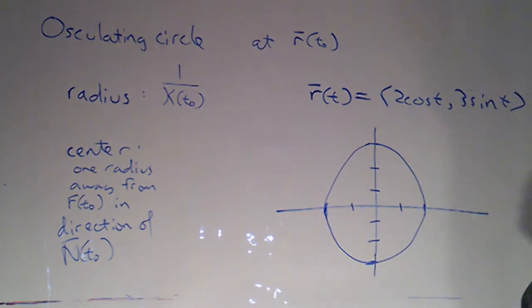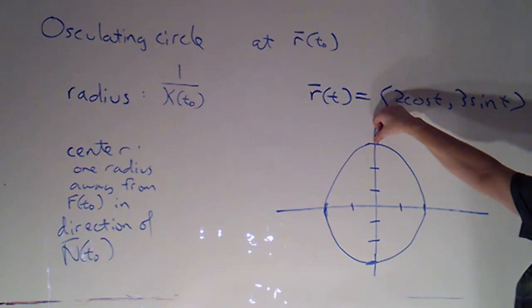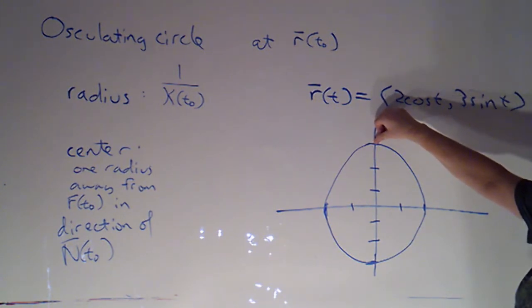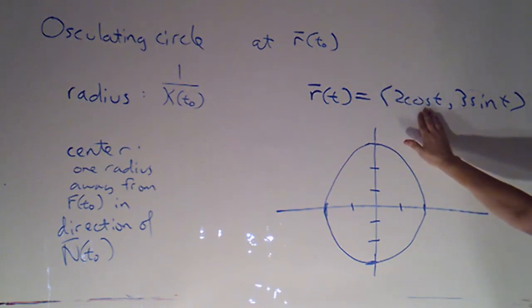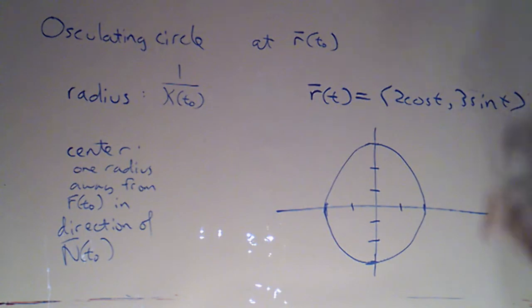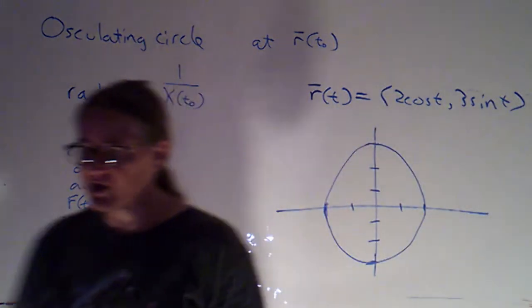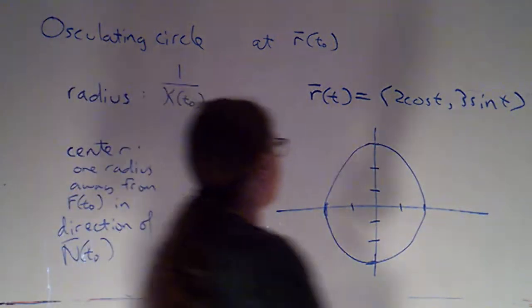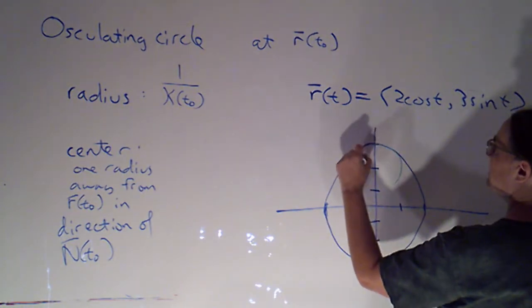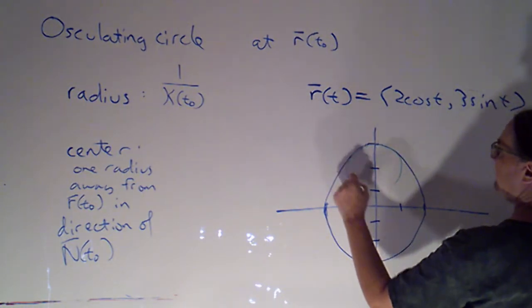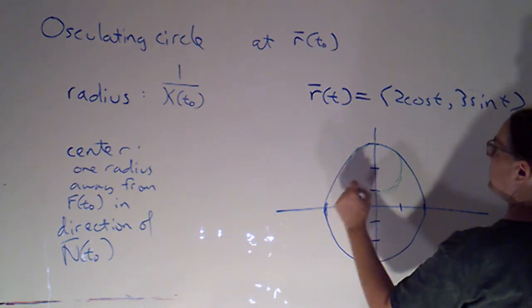Now, I'm going to try to find the osculating circle at this point right here. That would be when t is pi over 2, because then I'd be at 0, 3. I'm going to eyeball and draw in what looks like the osculating circle at that point.